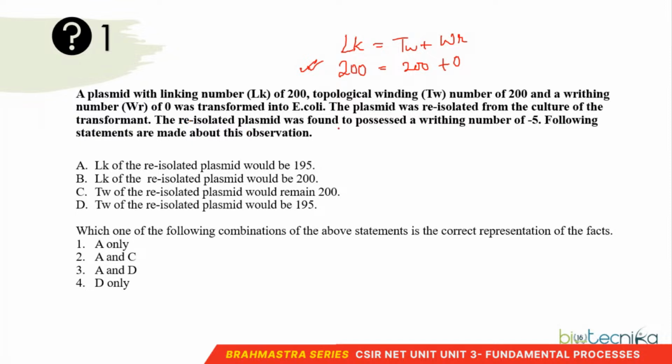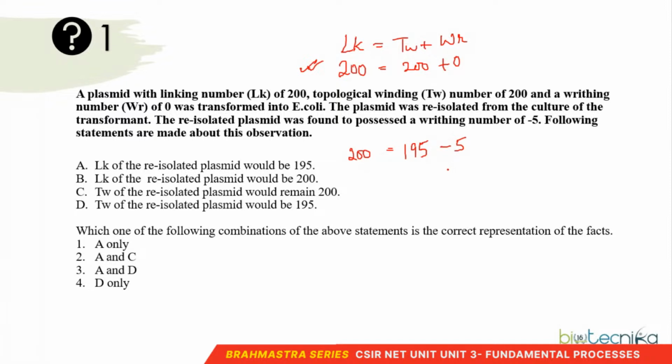The re-isolated plasmid was found to possess a writhing number of -5. That means what has changed? Writhing number was 0 initially, now it has turned into -5, right? So that means if I want to keep my linking number as 200, my writhing number is already given as -5. So obviously the twist number would change.